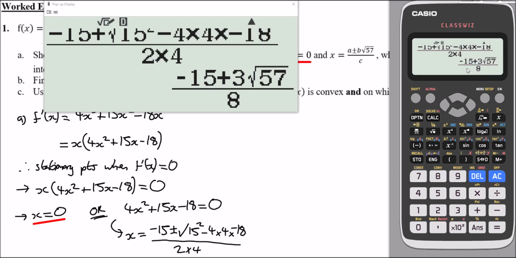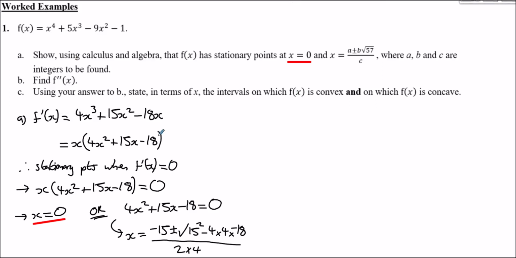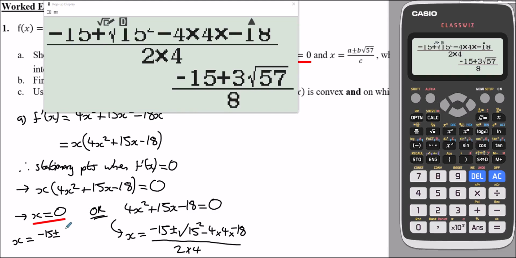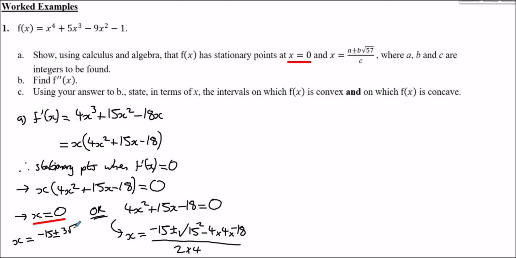So our a, b and c are 15, 3 and 8. So therefore x equals minus 15 plus or minus 3 root 57 all over 8. So those are the two options.